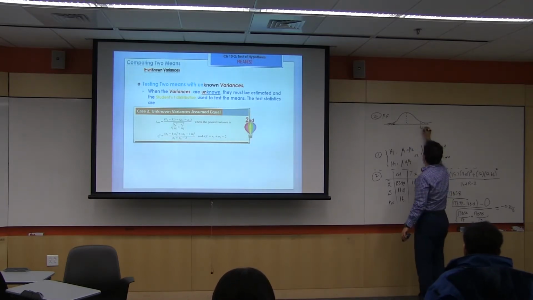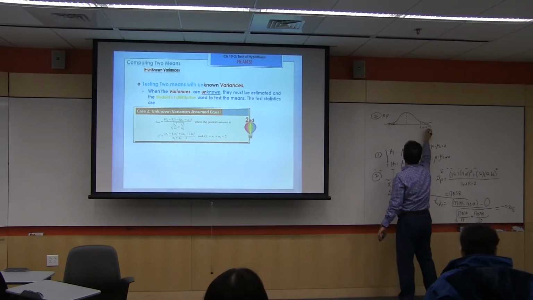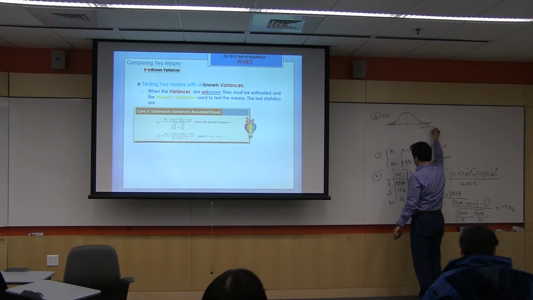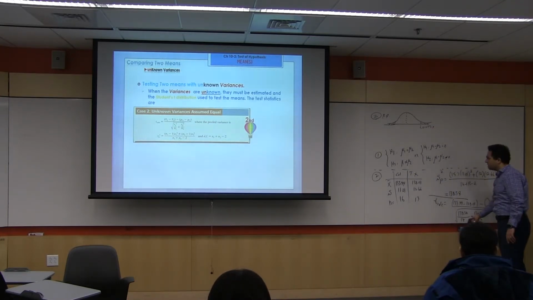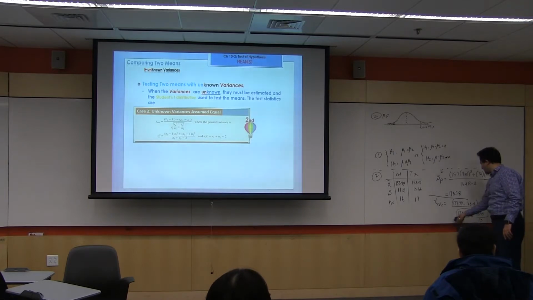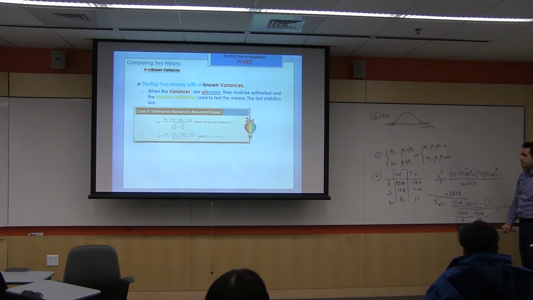So here is t of 0.025, and what's the degrees of freedom? 16 plus 13, oh my bad. So what's the T calc? Negative 0.91, very close. Negative 0.91, thank you.